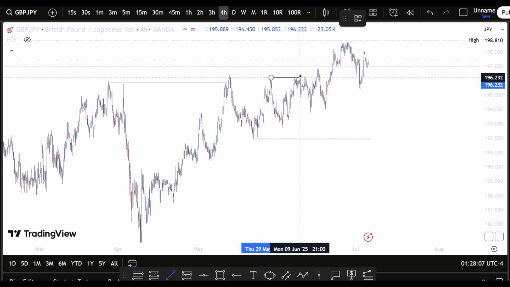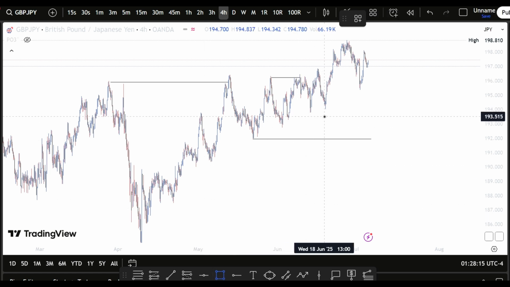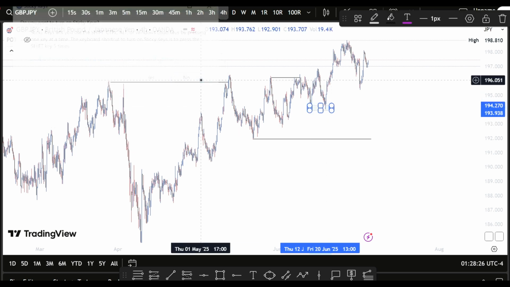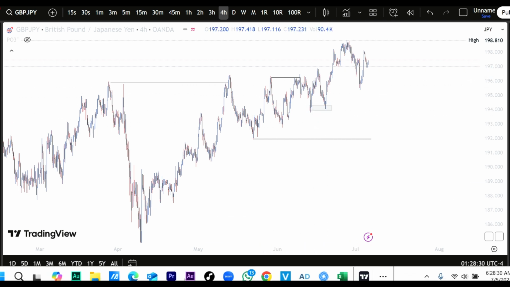We have a break of structure here to the downside, and what did price do? Price came up here, tapped into this order block, and immediately, what happened?